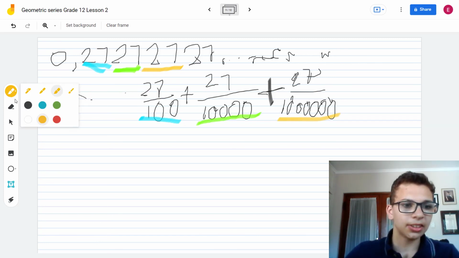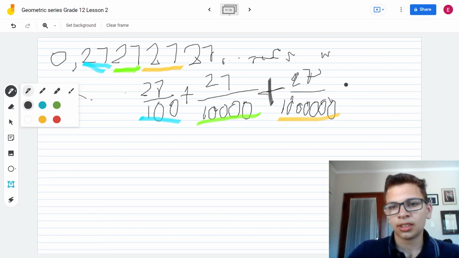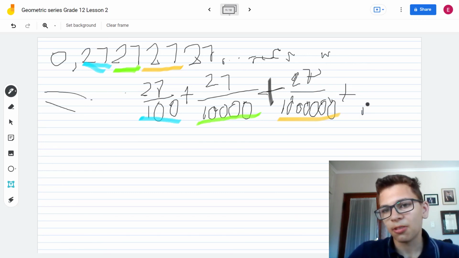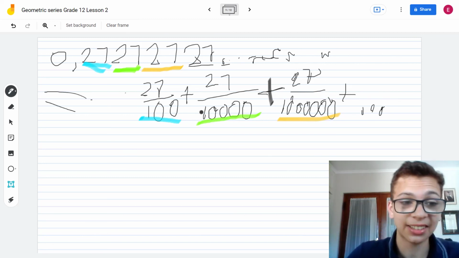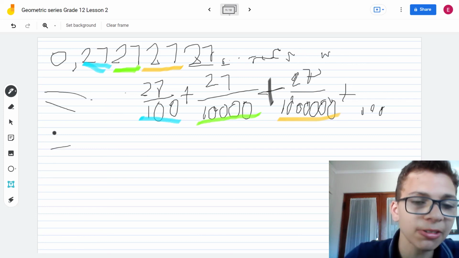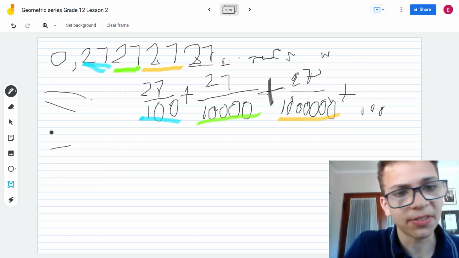And we can actually do that the whole time. We can just write them as pairs of 2, look at the next 27, the next 27, next 27, and so on until infinity. And what we get here is we actually get a geometric series now.